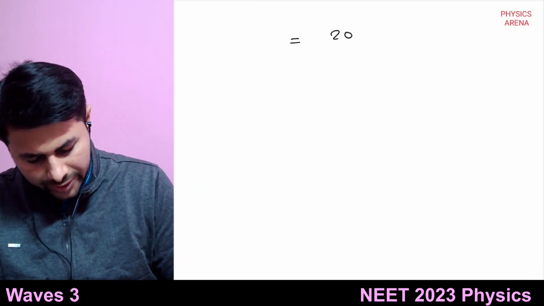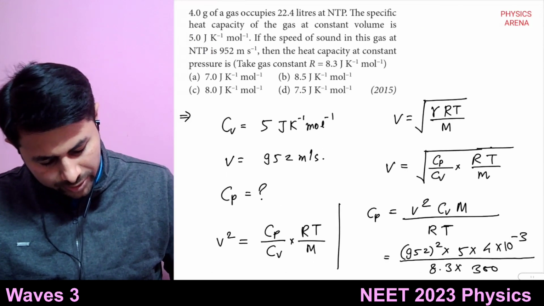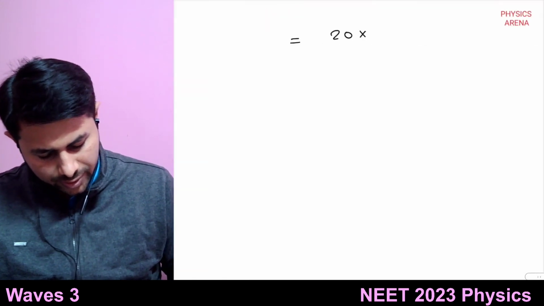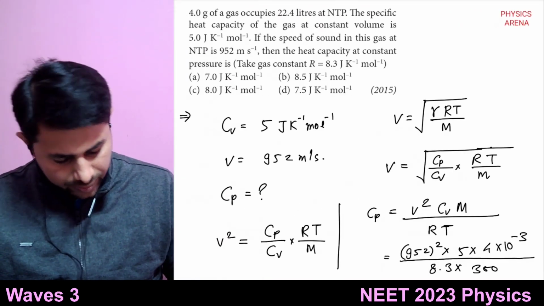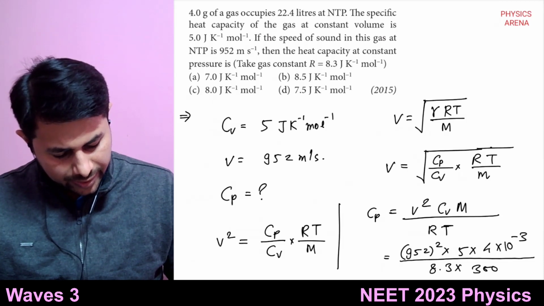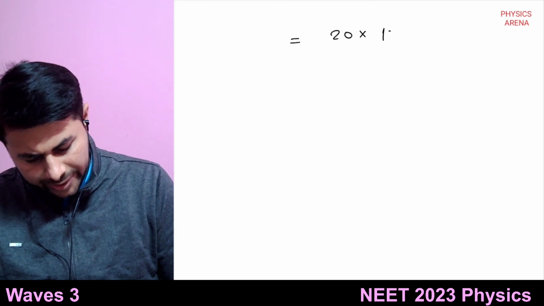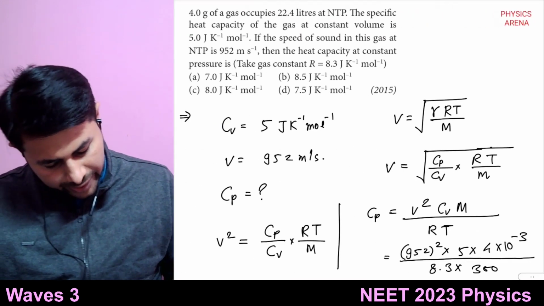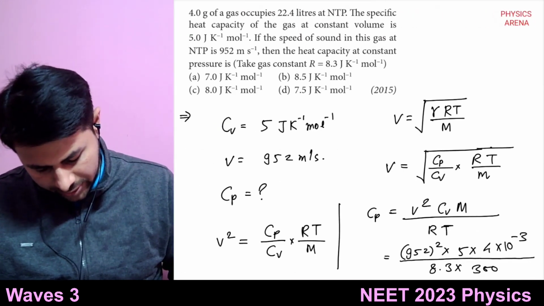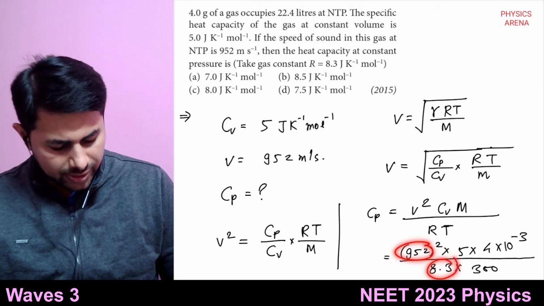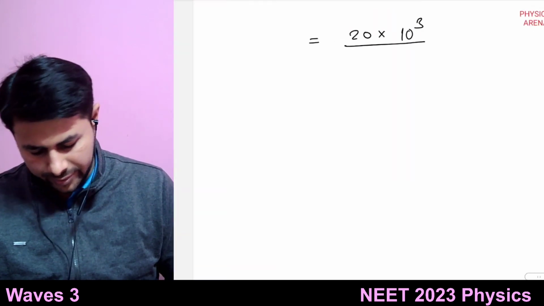This is 20 multiplied by 1000 square, so 10 raised to 3 square, and here you have 10 raised to minus 3, so it will be 10 raised to 3 divided by 8.3. I have increased this, so I will increase this also to 10.